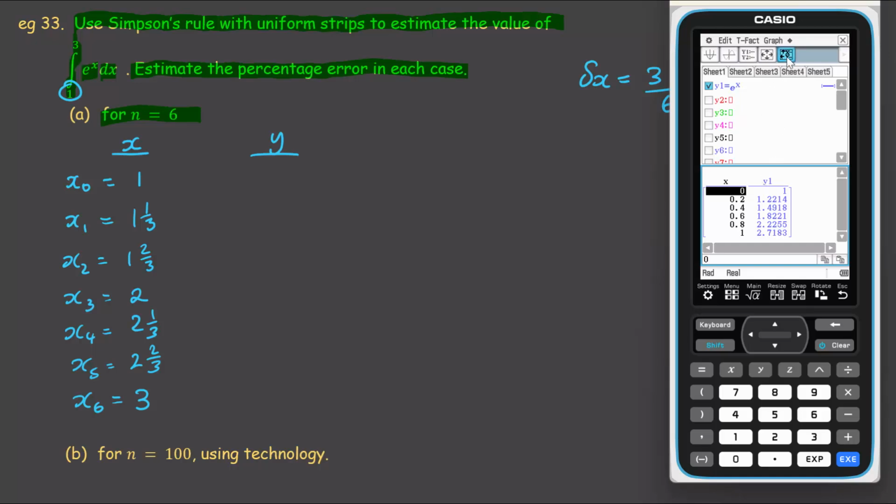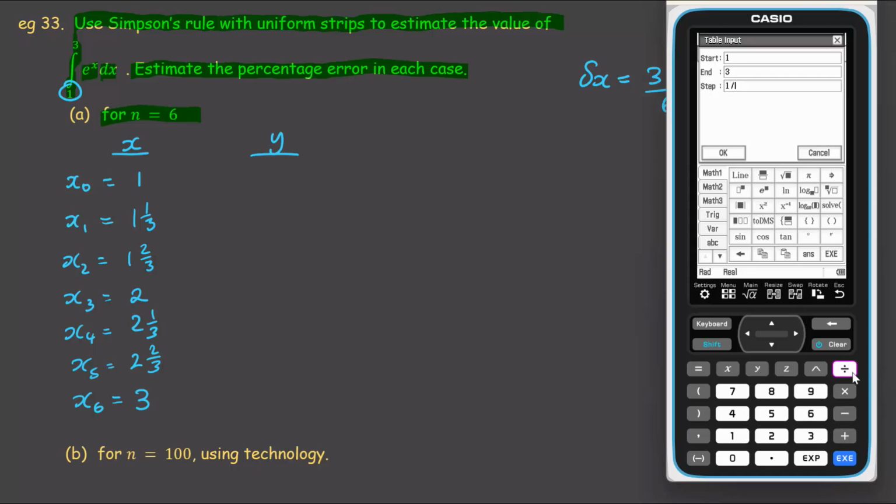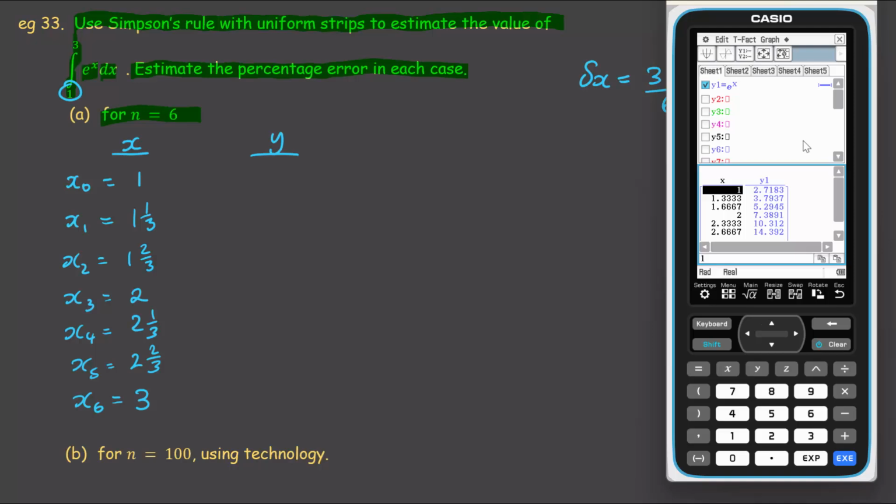And I would like my table to start at 1, end at 3, and have a step of 1/3. Okay, and here we have the values. I'm just going to pause the recording while I write them down, and I'm going to do them to 6 decimal places, just like I did with the trapezium rule.